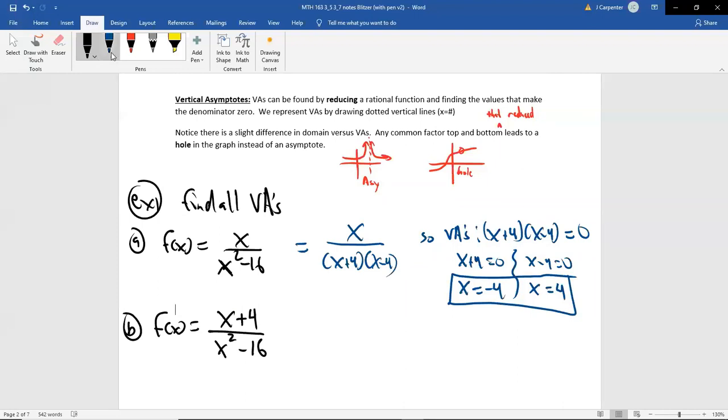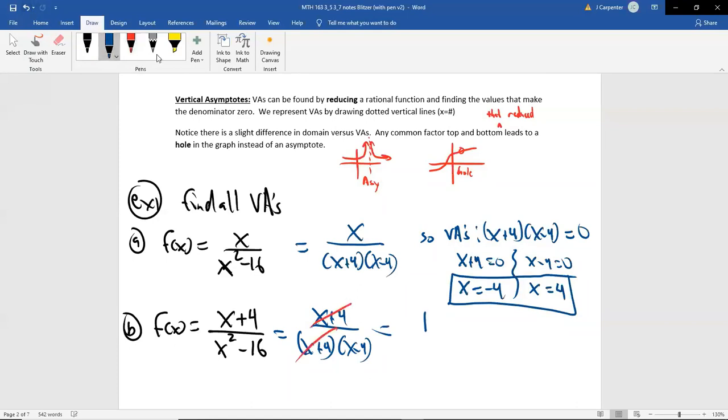All right, so we said we cannot just take this and do all this stuff. If the problem is factorable and reducible, you must do that first. And guess what? It's still factorable, the exact same factor as last time. But check this out. You have common factors top and bottom now. X plus 4, they cancel.